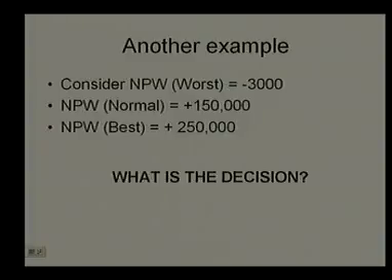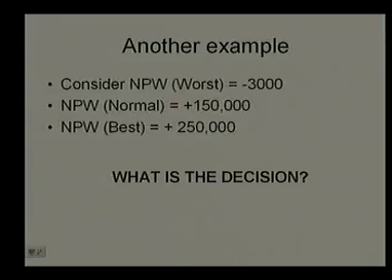Just to save time, I gave you directly the values of net present worth. But these net present worth values have been calculated based on certain data, which I didn't show you because it is a similar thing. You understand how to calculate net present worth for a given set of values. So that step was missing. I have straight away taken the net present worth corresponding to the worst, normal and best scenario.